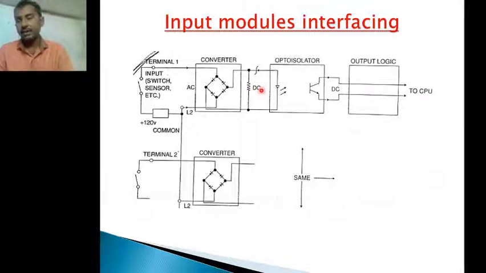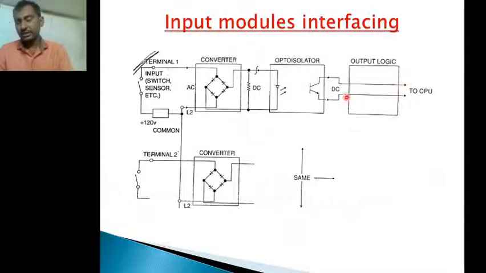That regulated voltage is applied to our CPU by providing some isolation. Normally this isolation is provided with the help of an opto isolator with an LED. This isolated DC voltage is then supplied by the output logic to the CPU.